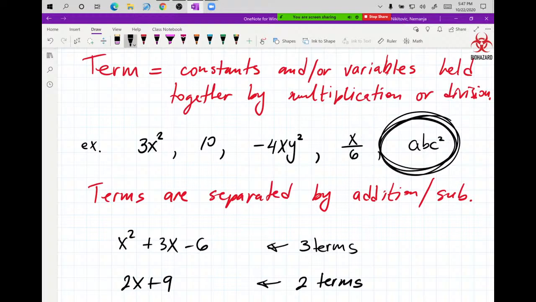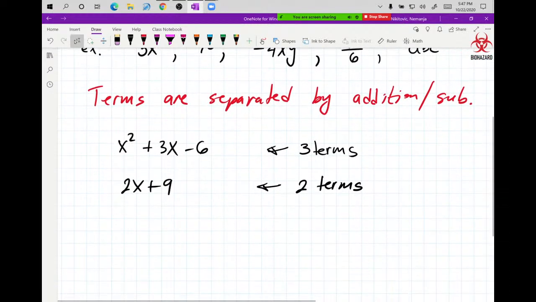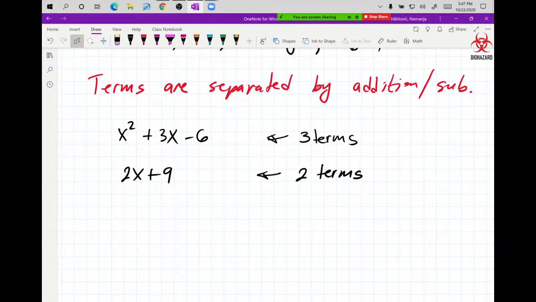So it is just the variable part, where this one is just the constant term, just a number. So those are terms, and the terms are held together by multiplication and division, and they are separated by addition and subtraction. Anytime you see addition or subtraction, that means a new term begins right after that sign.